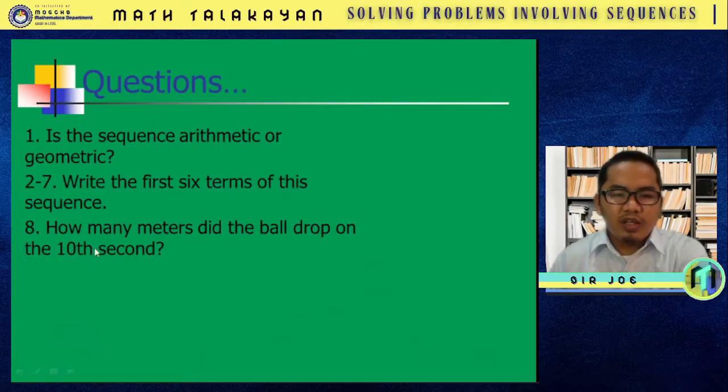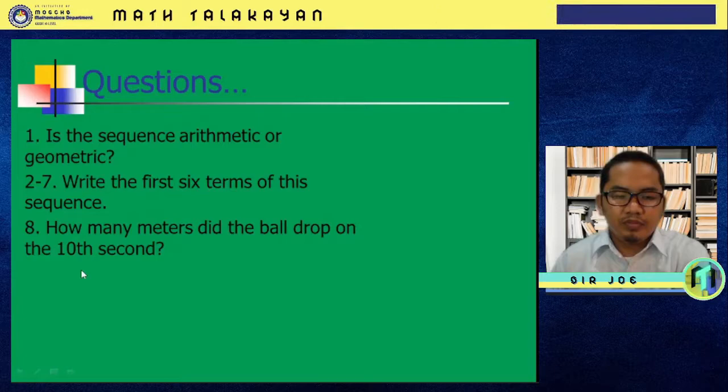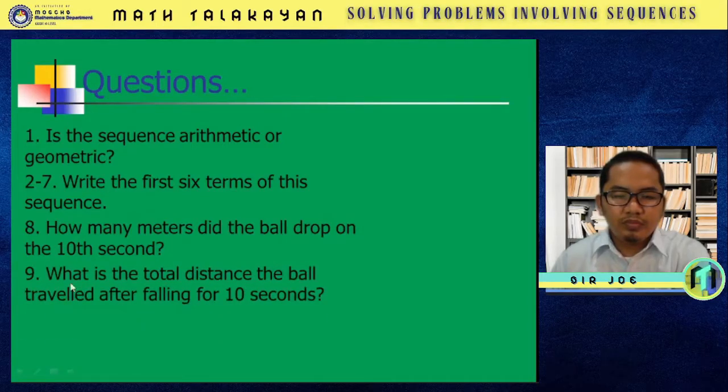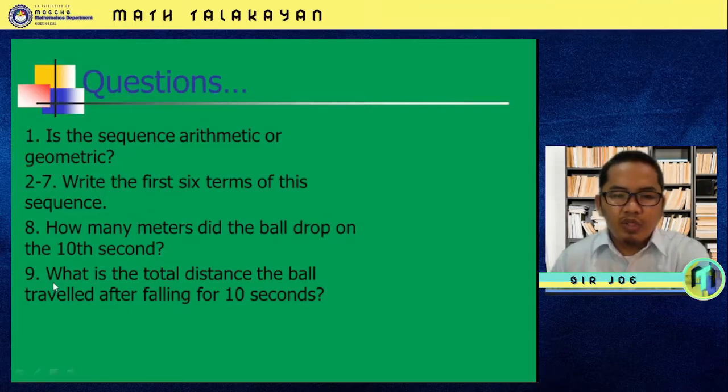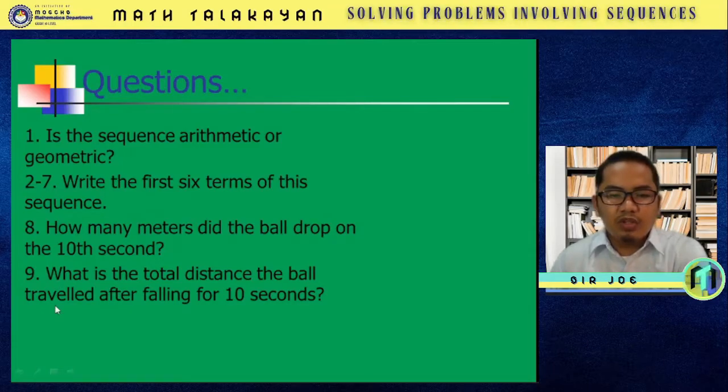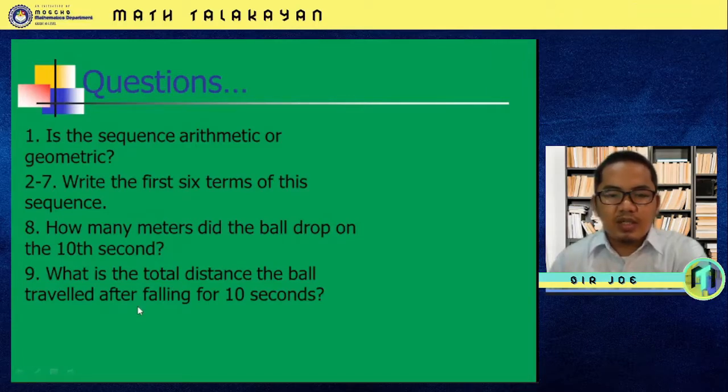For question number 8, how many meters did the ball drop on the 10th second? In other words, you're going to find the 10th term. And for number 9, what is the total distance the ball traveled after falling for 10 seconds?